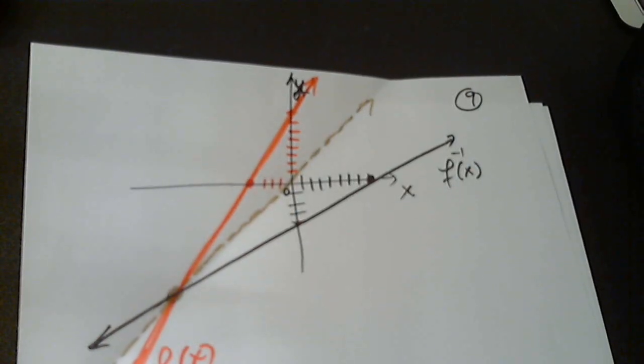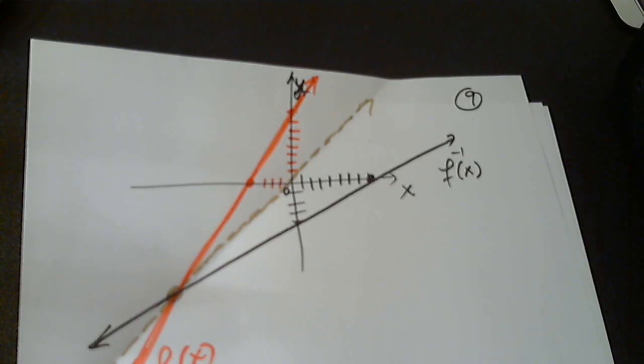Okay, next problem, let's take a look at 345. The length of a rectangular garden is 2 feet more than twice its width.